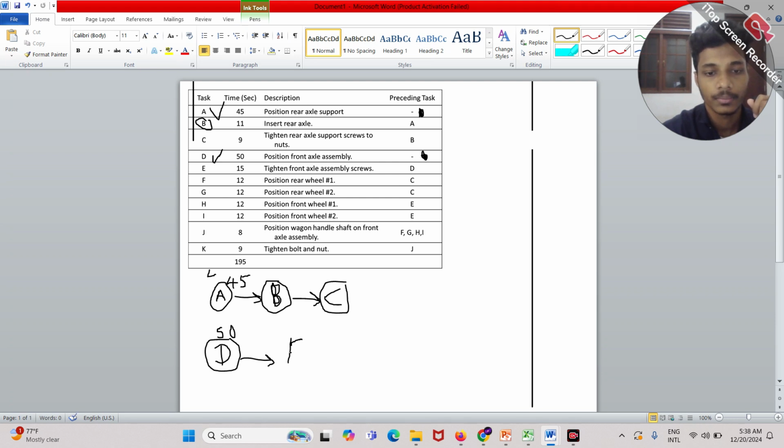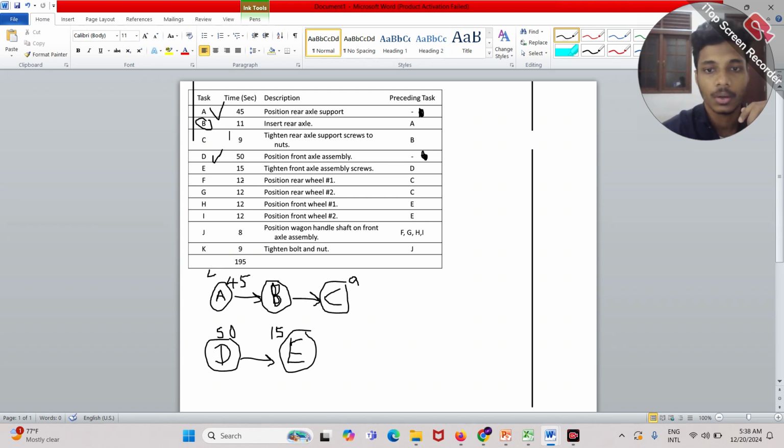E. C task 9 seconds, and E 15 seconds, right?